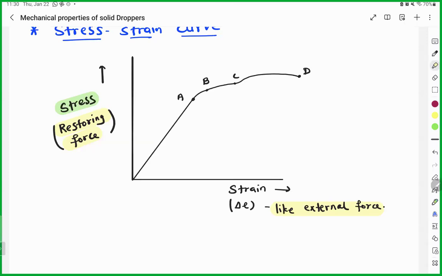Even after that, if you keep on increasing the length, there is a limit you cannot go beyond, and it will break. And that's the thing board people ask in simple state exams.